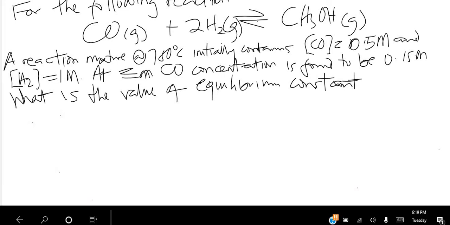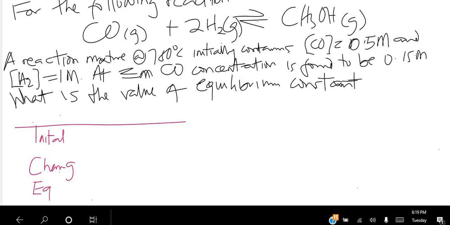So using this as a guide, we're going to have our ICE table this way: ICE, initial, change, and equilibrium.